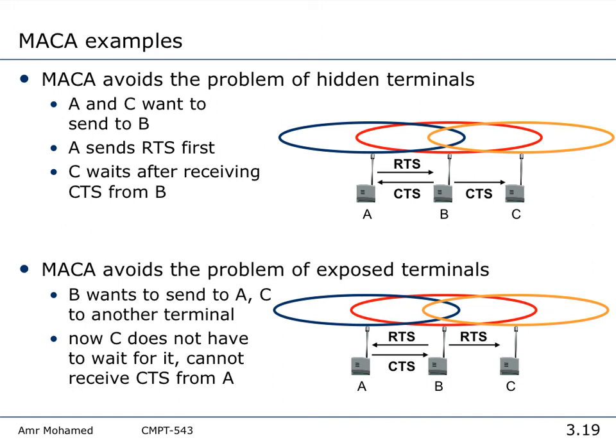Usually when you do this, you need SIFS. Why? Because you need to switch your hardware from reception to transmission. Usually this SIFS is extremely short, that's why they call it short interframe spacing. It's only needed to calibrate the hardware from reception to transmission. So it has a different purpose altogether from DIFS.